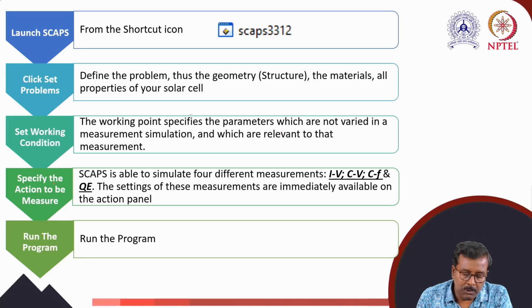And then it goes to the measurement, so specify the action to be measured. What are the measurements you like? IV, CV, CF, etc., or QE. This can be set by clicking the options and then run the program. These are the steps, the summary of SCAPS.